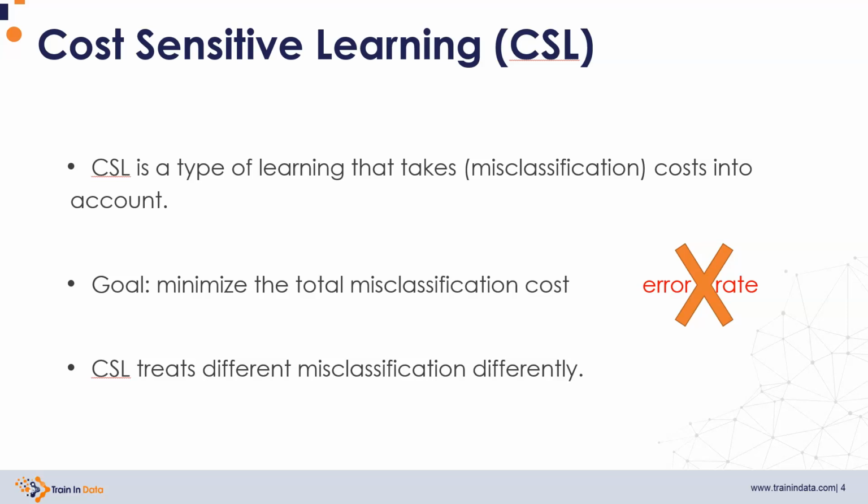So cost-sensitive learning is a type of learning that takes the misclassification costs into consideration. The goal of this type of learning is to minimize the total cost, in this case, instead of the classification error, as most mainstream algorithms do. So the key difference between cost-sensitive learning and cost-insensitive learning is that cost-sensitive learning treats the different misclassifications differently.